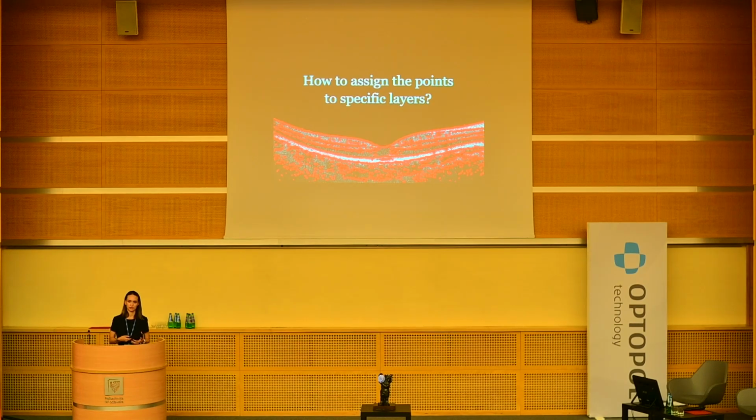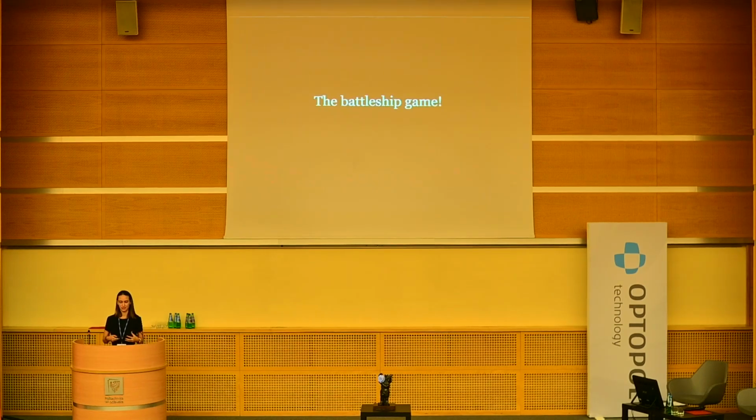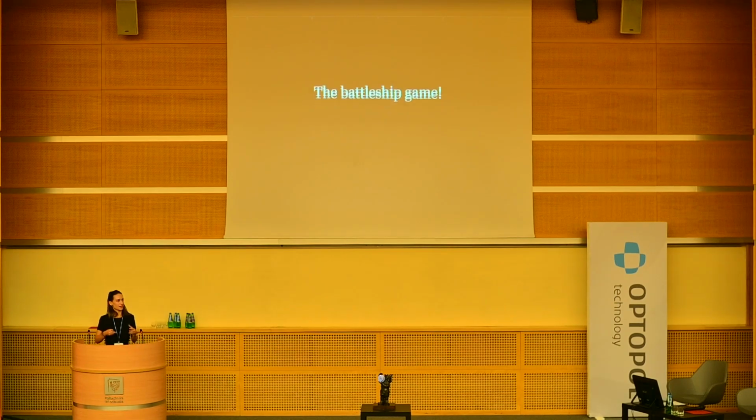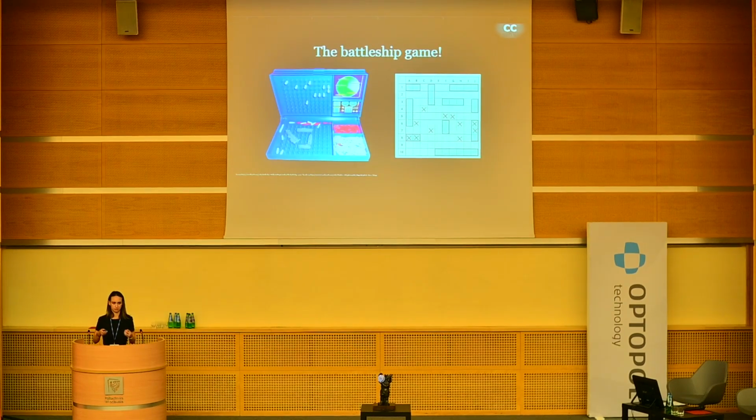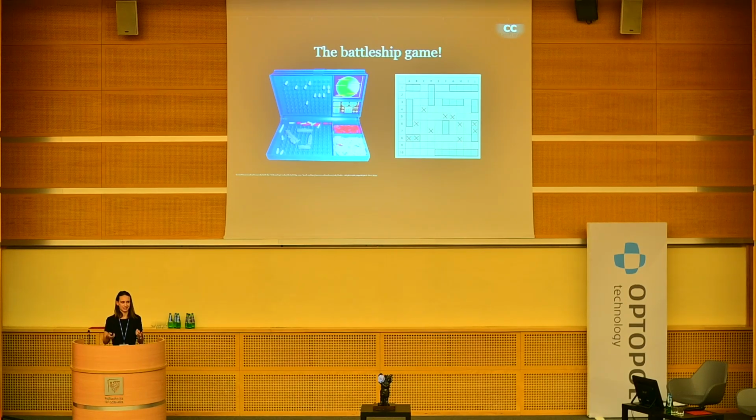And to deal with this problem, the battleship game needs to be introduced. To be exact, the players of the battleship game, like the users of the algorithm, can detect the shapes and more or less the locations of the anatomical layers that they are looking for. But the algorithm is on the other side of the board game, and to win the game, it needs the parameters of the ships.